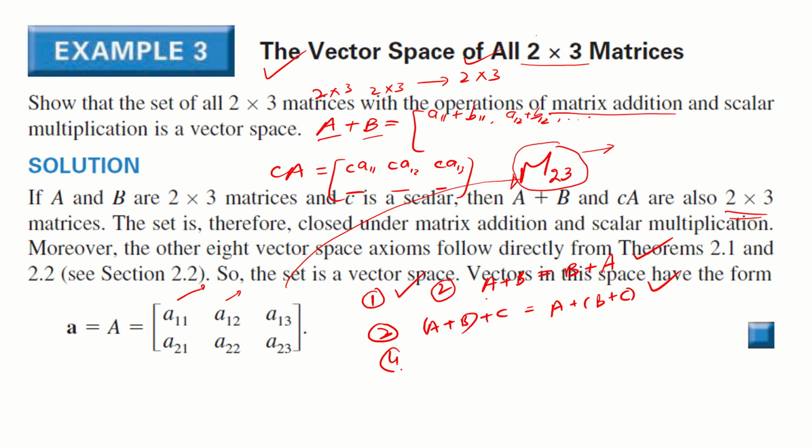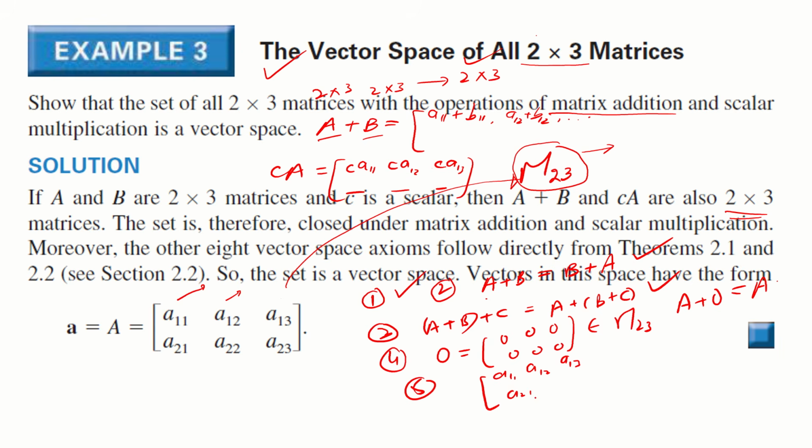Number 4, the null matrix can also be of order 2 cross 3. So this matrix is always in M23, and its sum with any matrix will give back the same matrix. So A plus 0 is always equal to A. Condition number 5, if we have one matrix A11, A12, A13, A21, A22, A23, and that is an element of M23, so is the negative of this one.